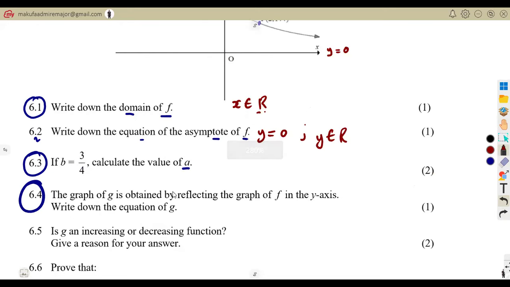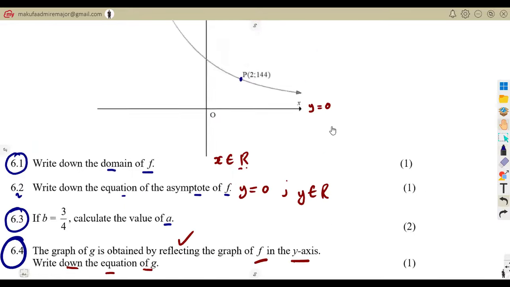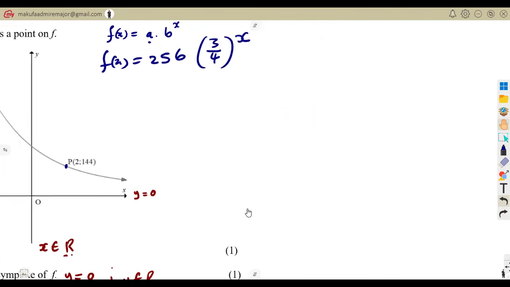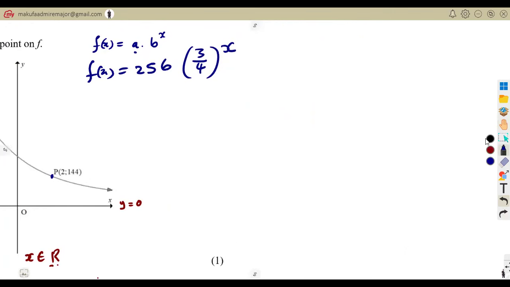The graph of g is obtained by reflecting f in the y-axis. Write down the equation of g. If we are to reflect in the x-axis, all right, in the y-axis, sorry, we obtain the graph of g. So what is going to be the presentation of the graph of g of x?